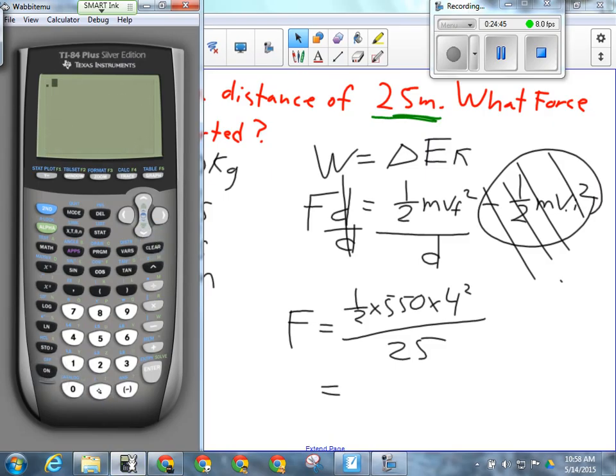Okay, so 0.5 times 550 times 16, that's 4 squared, I'm just shortcutting a little bit here, divided by 25. All right, so I'm going to have to use 176 newtons of force.